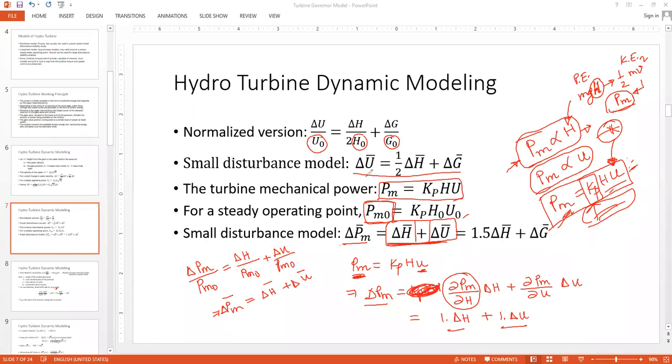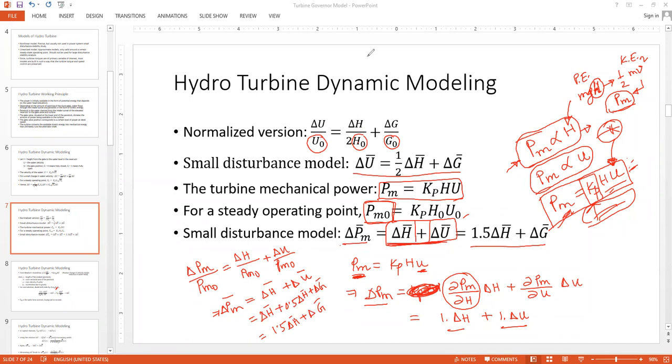That means del U would be replaced. So you can write from here del H plus del U is half del H plus del G. So it is 0.5 del H plus del G. So that means it is 1.5 del H plus del G. So this is what we have got.